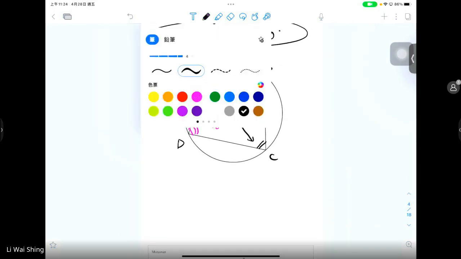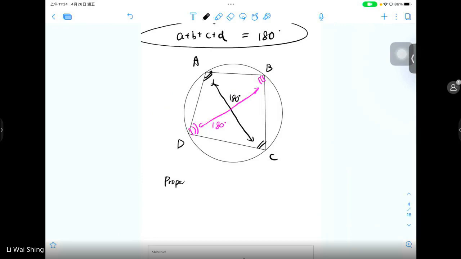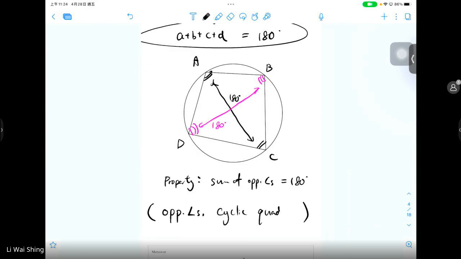The property: the sum of opposite angles would always equal 180. Okay, the abbreviation: opposite angles, cyclic quadrilateral.